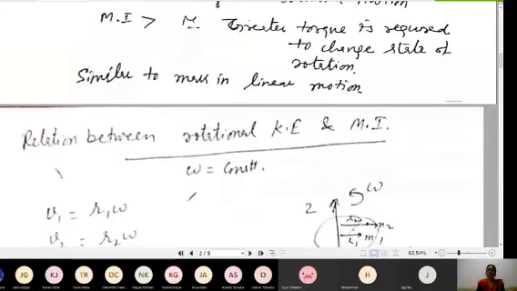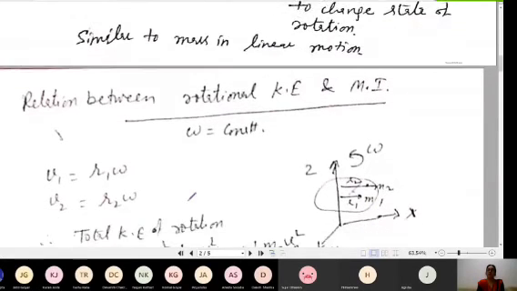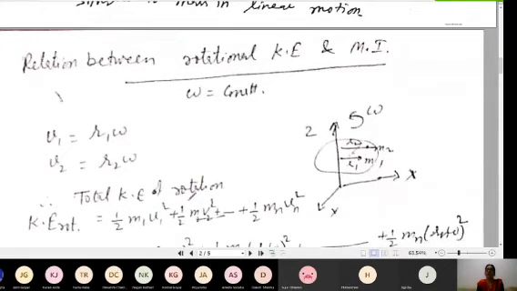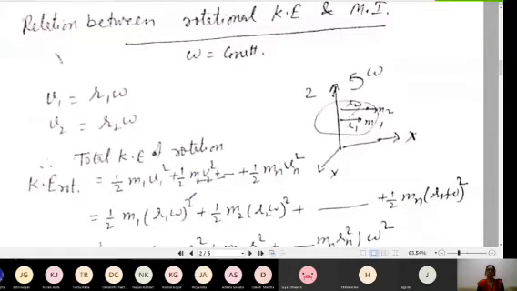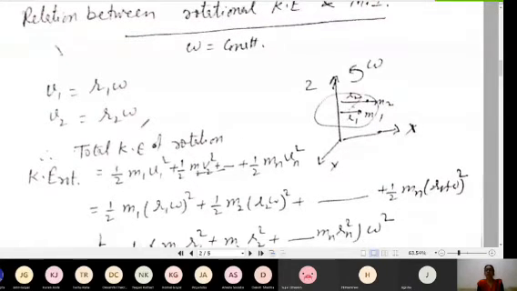Now, if I want to find the relation between the rotational kinetic energy and the moment of inertia, you can do it stepwise. Take particles m1, m2 having linear velocities v1, v2, with omega taken as constant. The body is made to rotate about the z-axis with a constant angular velocity omega.